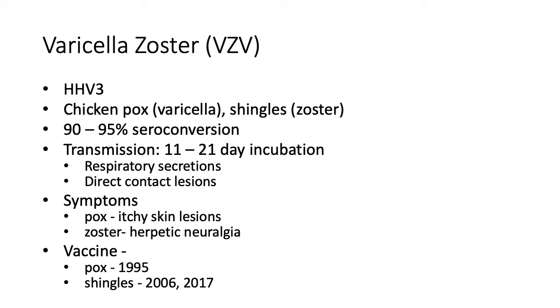After the primary infection, VZV remains dormant in sensory nerve roots for life. Upon reactivation, the virus migrates down the sensory nerve to the skin, causing the characteristic painful rash associated with shingles.